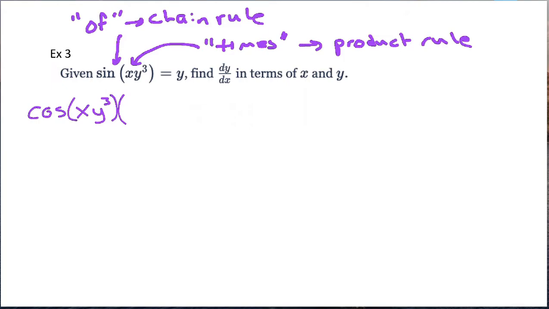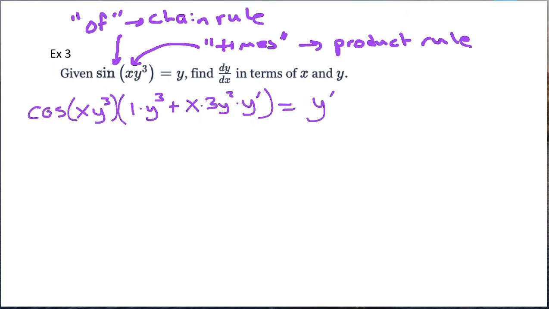Now I'm going to take the derivative of the x times y cubed. So I take the derivative of x, which is 1, leave y cubed alone. Because it's the product rule, I add x times 3y squared times y prime equals y prime. There is my derivative.